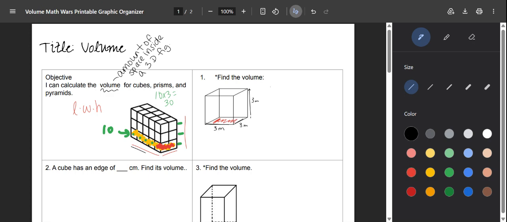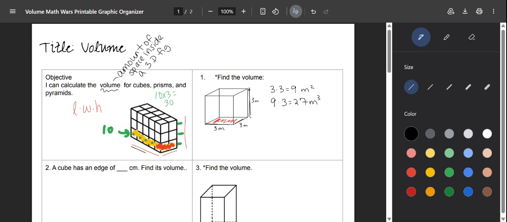Area is length times width. 3 times 3 is 9. So I know that the area of the bottom is 9 meters squared, and I've got 3 meters of layers of them, so I'm going to do 9 times 3. And that tells me I've got 27 cubic meters, or 27 meters to the third power.